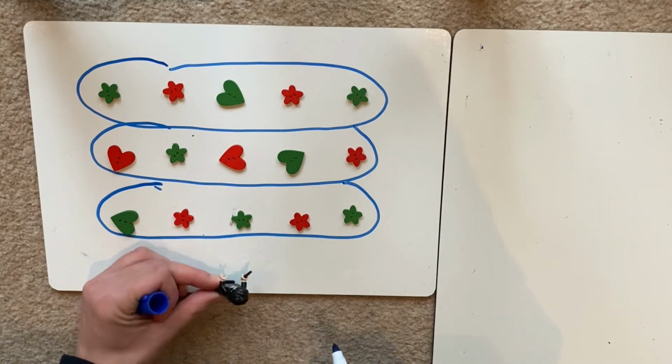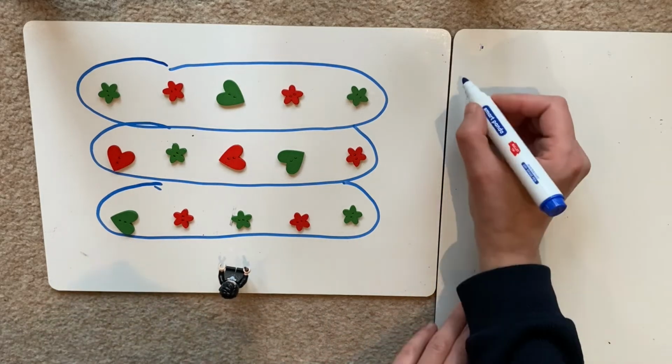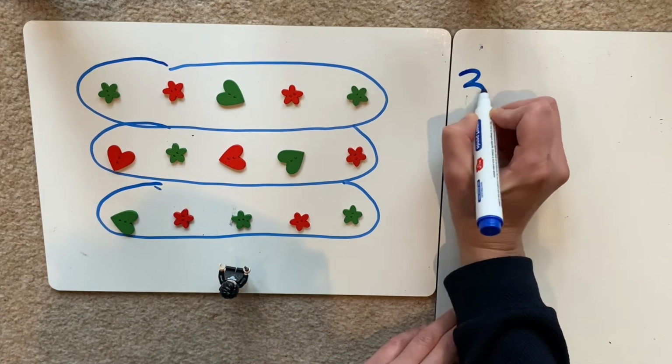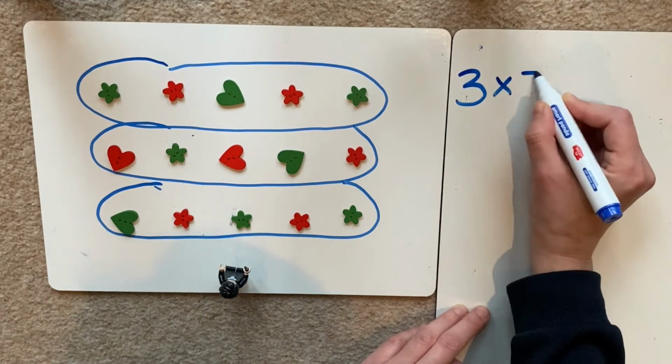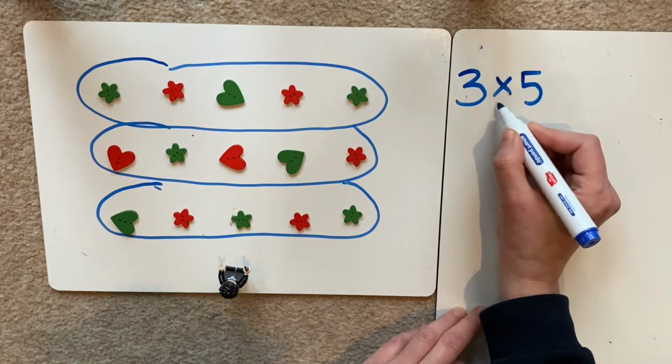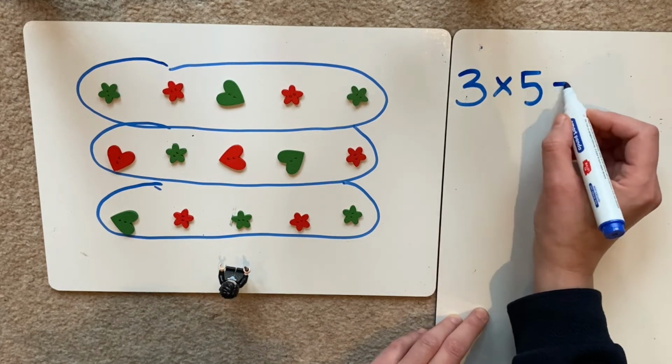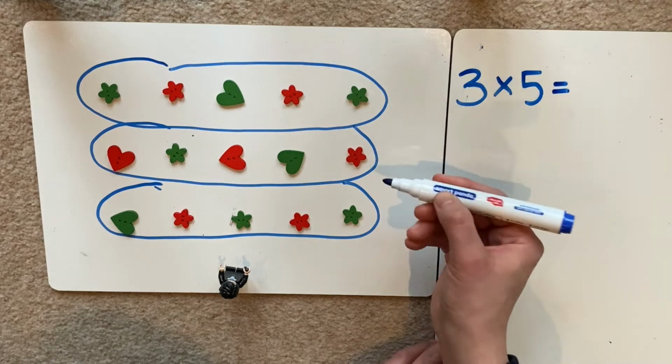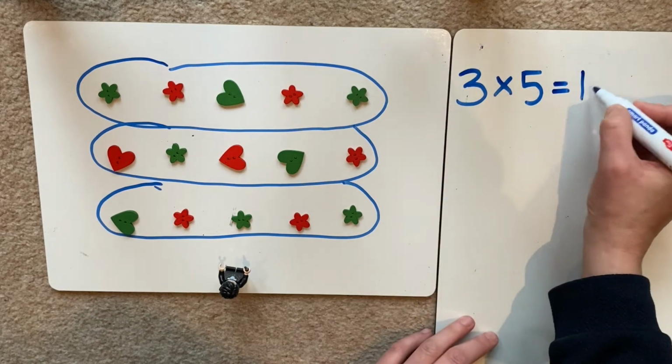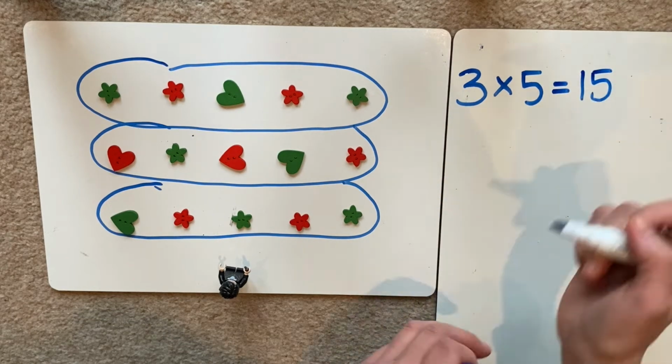So Harry sees 3 times 5, 3 rows of 5. 5, 10, 15. So Harry can see 15.